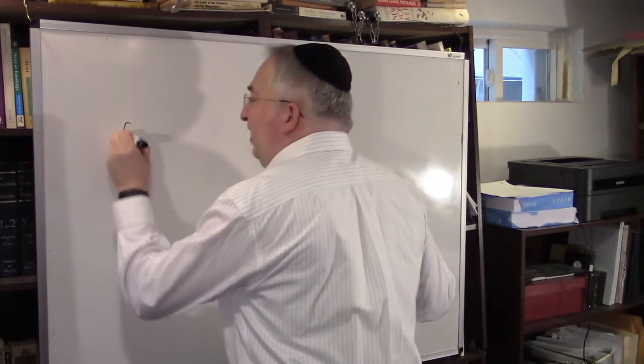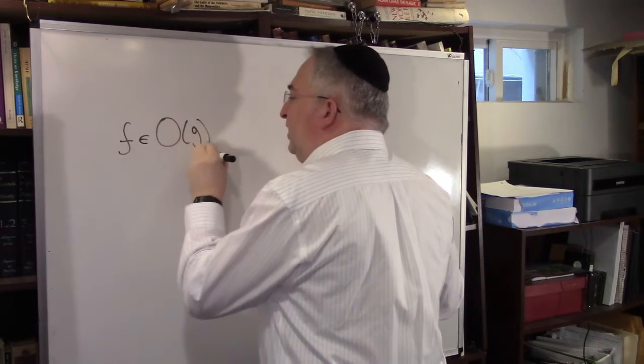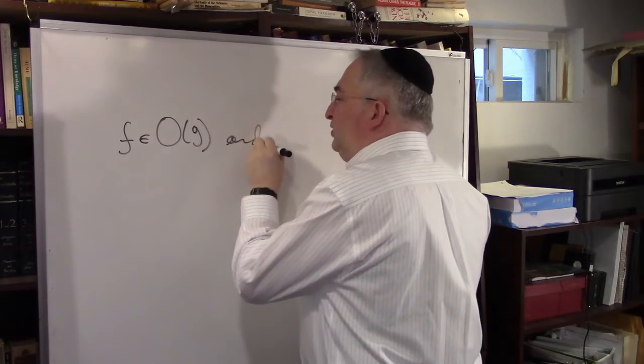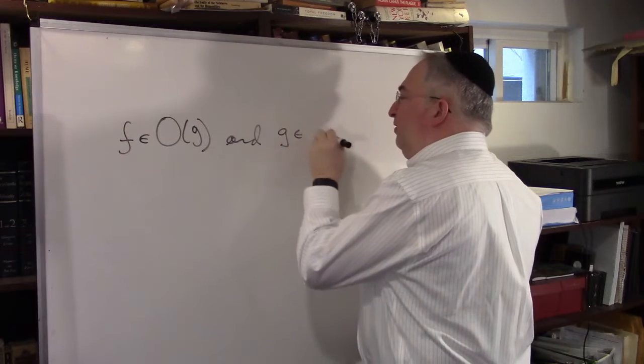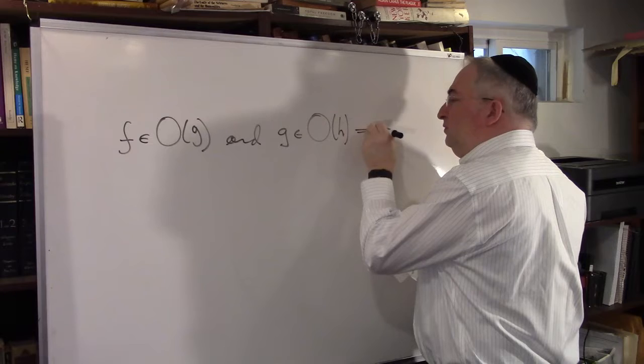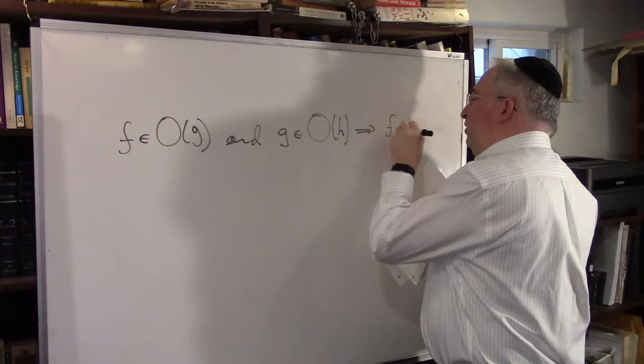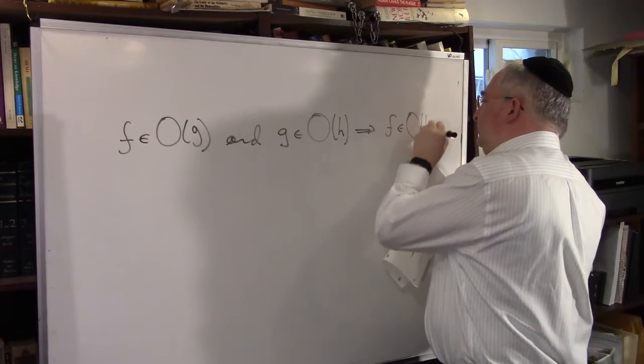If f is a member of O of g, and g is a member of O of h, then f is a member of O of h.